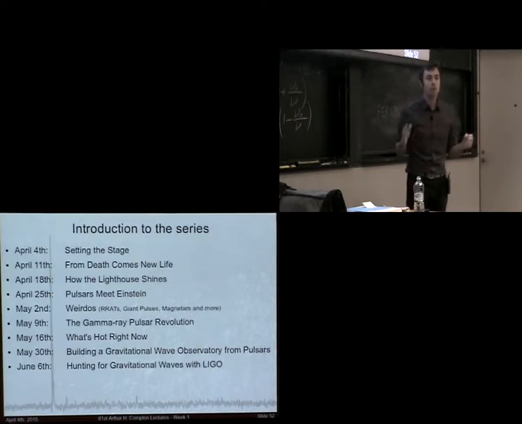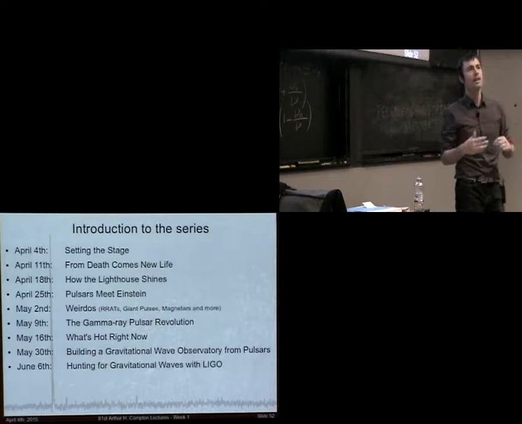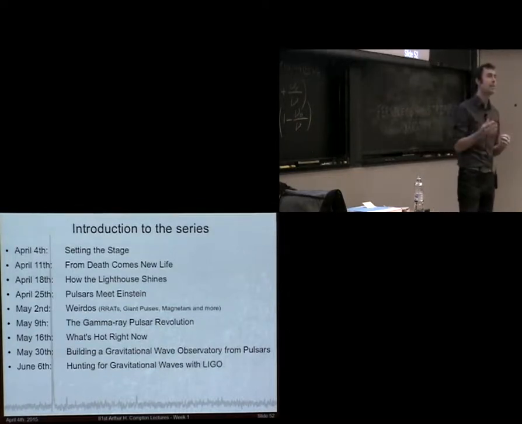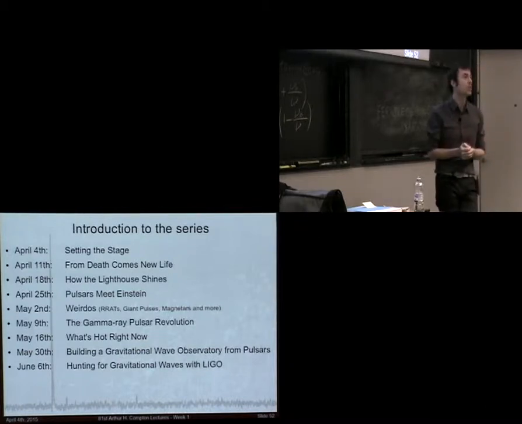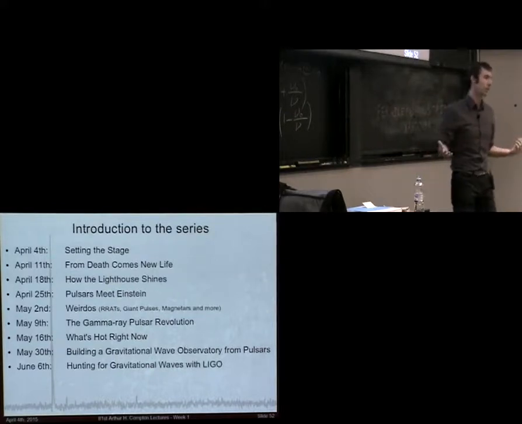One of the reasons why I like pulsars, it's a point I wanted to make throughout the talk that I didn't make, so I'm going to say it explicitly now. It's one of the things I find incredibly interesting and compelling about pulsar research. Astronomical research is generally observational science. It's not a laboratory science.